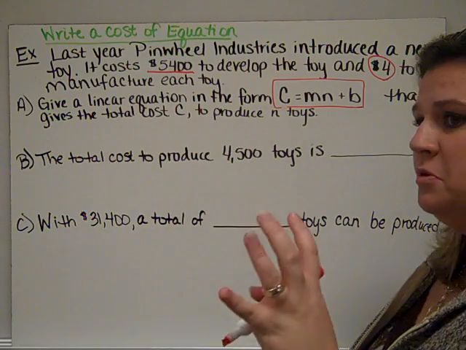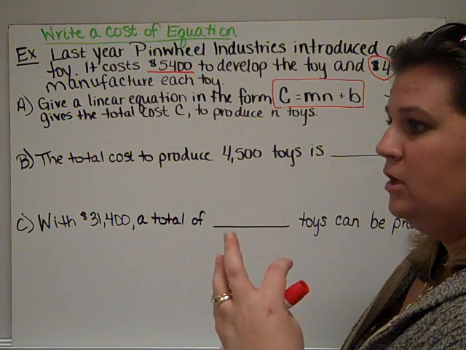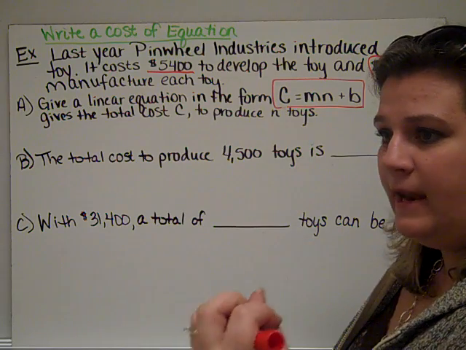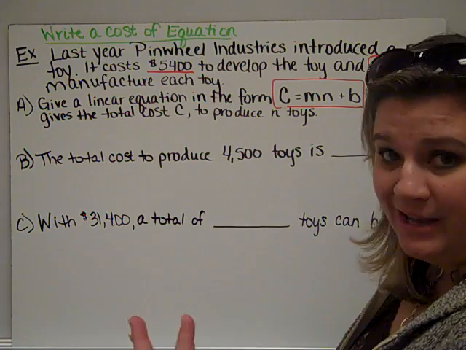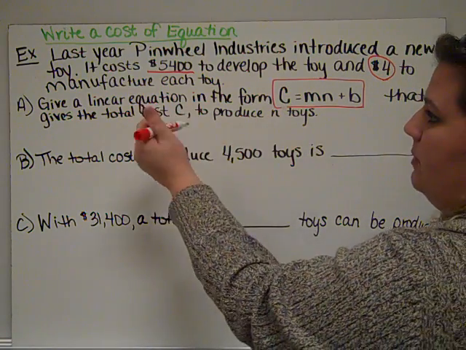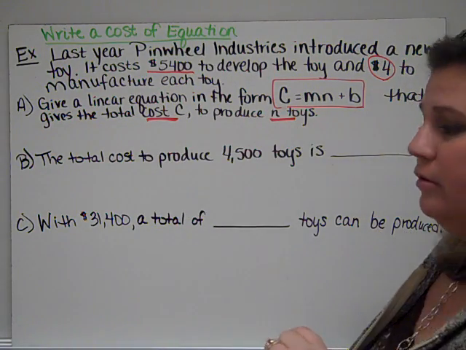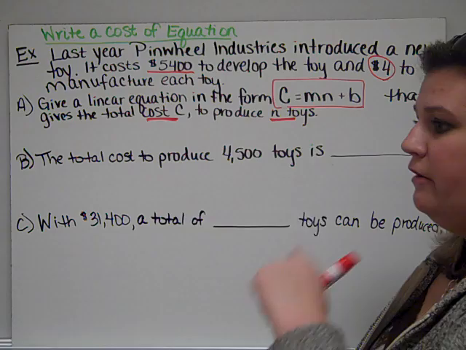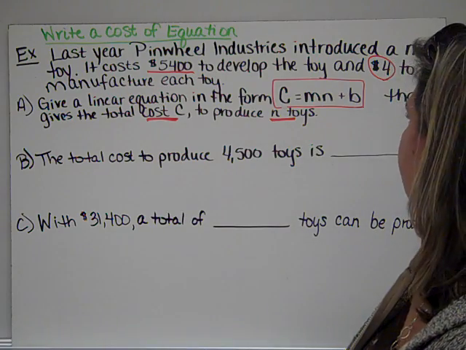We're using our slope-intercept form, representing variables that actually mean something. So we might use M to be miles or minutes, something like that. Here our uppercase C is going to represent the total cost, and N is representing the number of toys. So however many toys, we can figure out what our total cost would be.